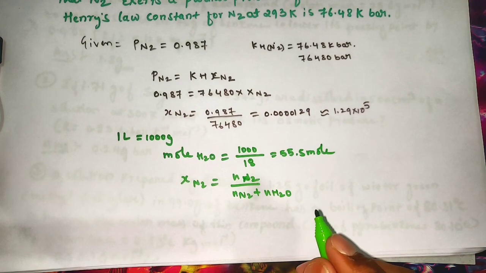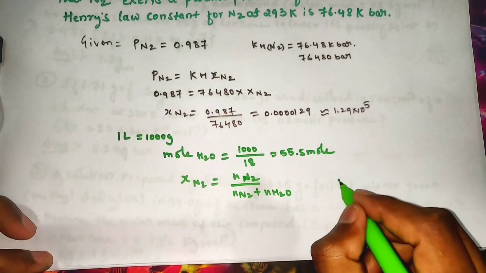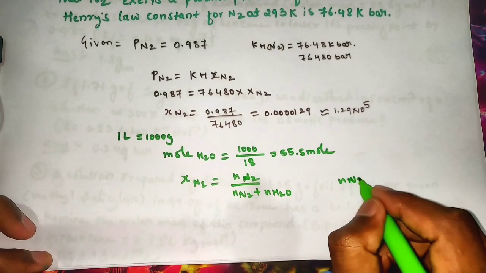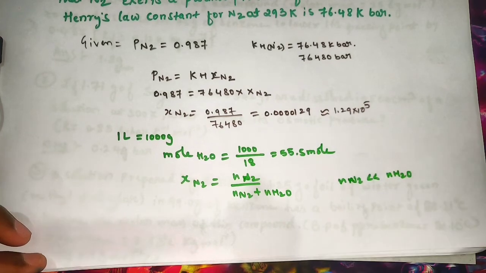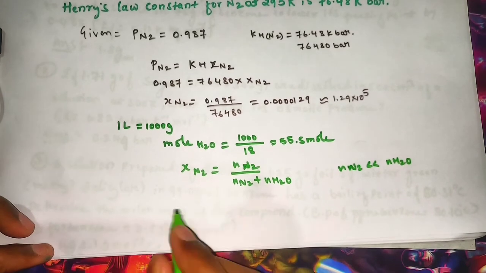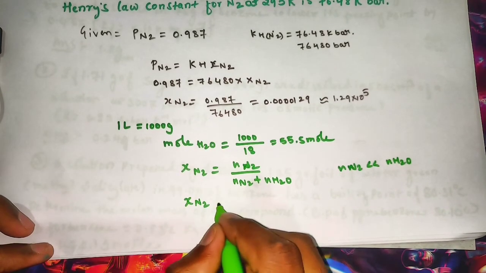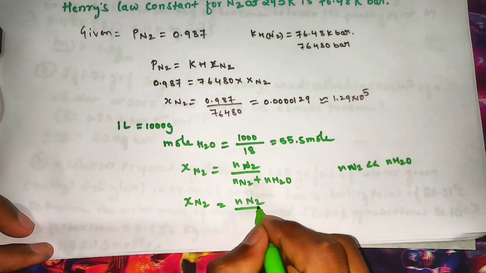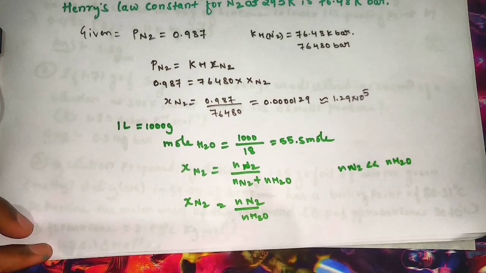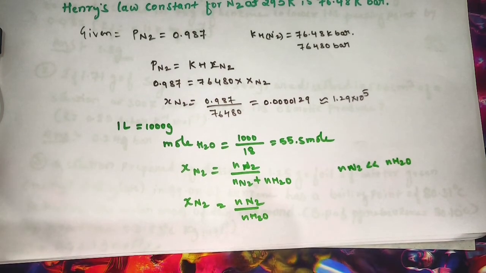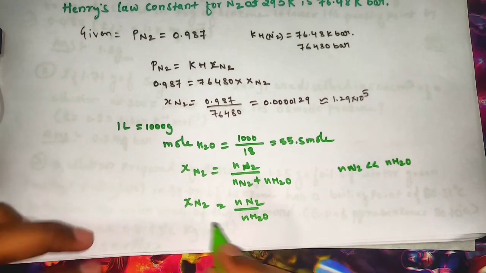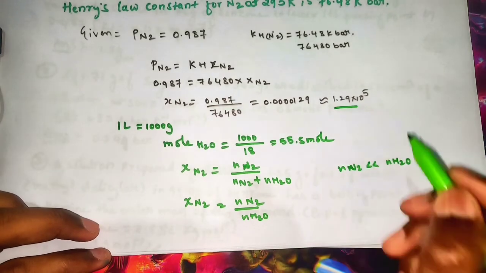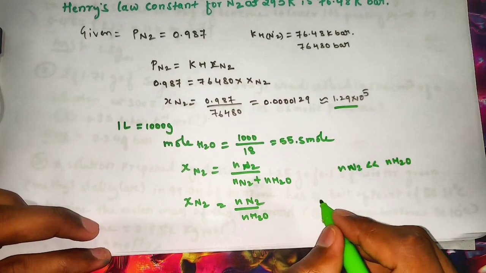Since NN2 is very much less than NH2O, we neglect NN2 in the denominator. So XN2 is equal to NN2 upon NH2O. What we need is NN2, so we can apply the values of XN2 and NH2O to find it.